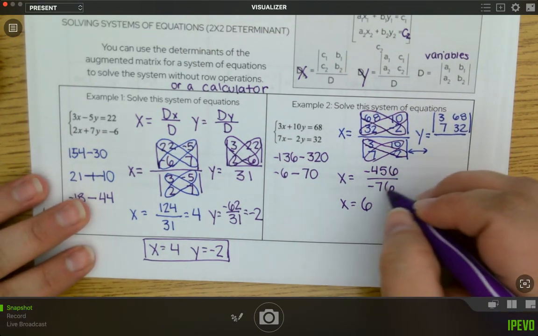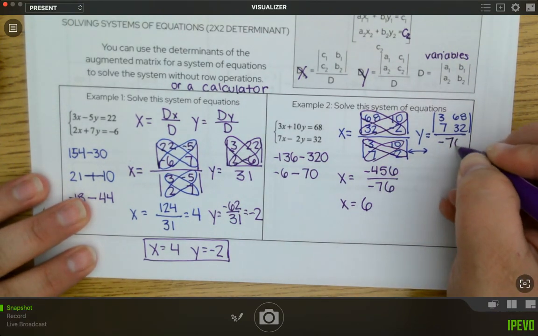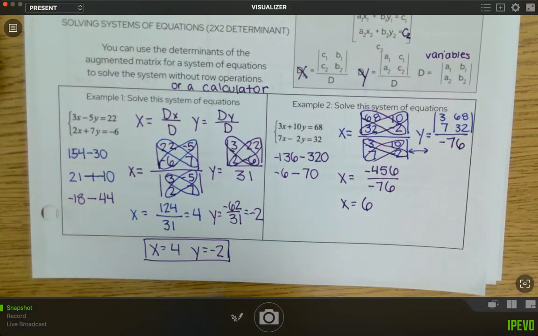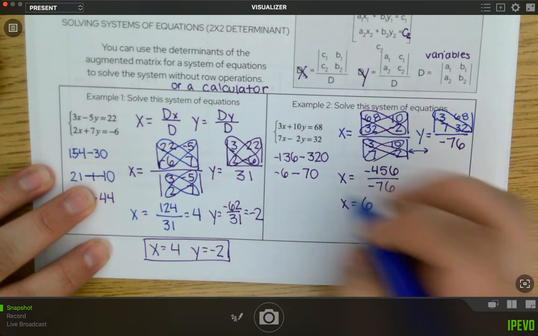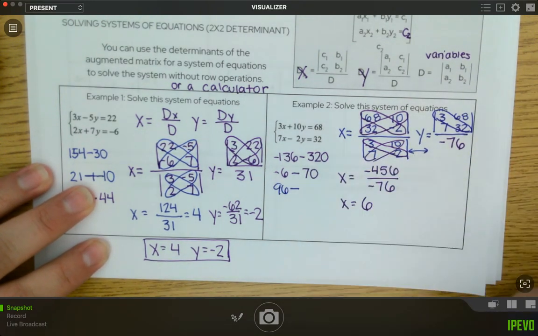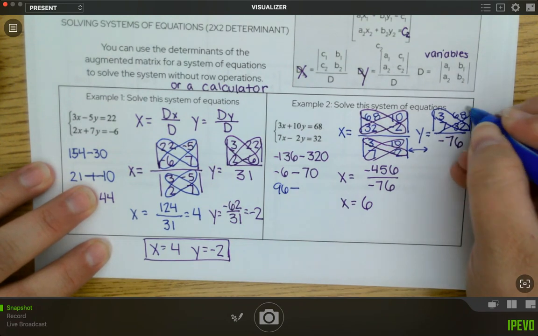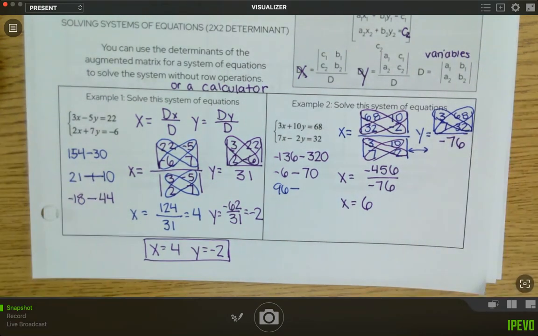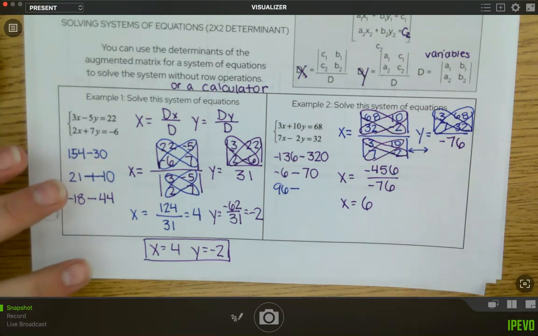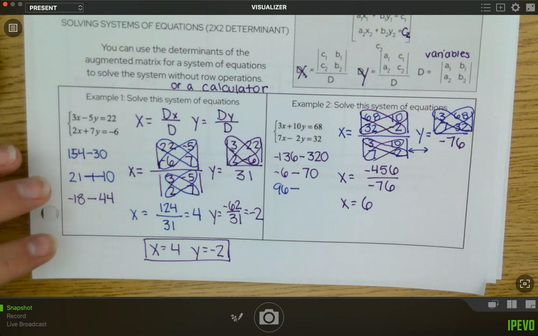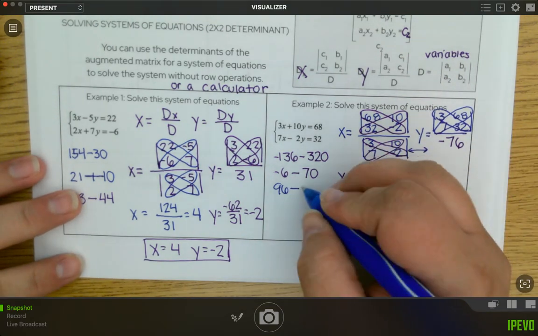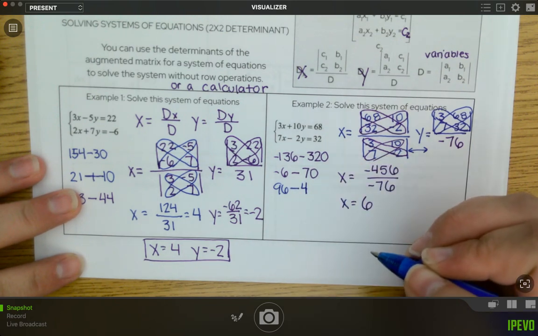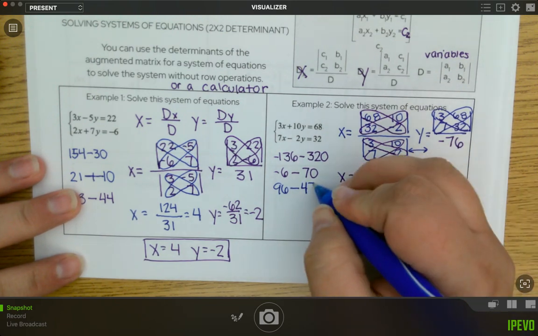Now that I know that -76 is my number on the bottom over here, all I have to solve out is 32 times 3, which is 96, minus 7 times 68. And 7 times 68 is 476.